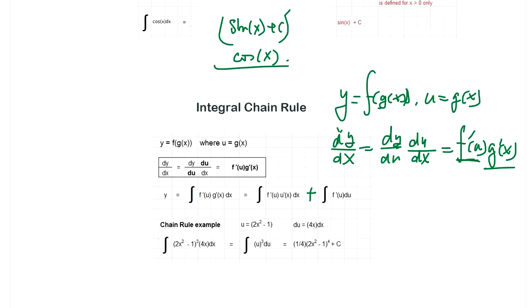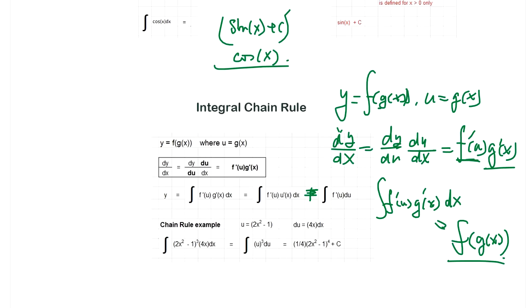That means we have two function derivatives and we take an integral. This will be f(g(x)), this form.